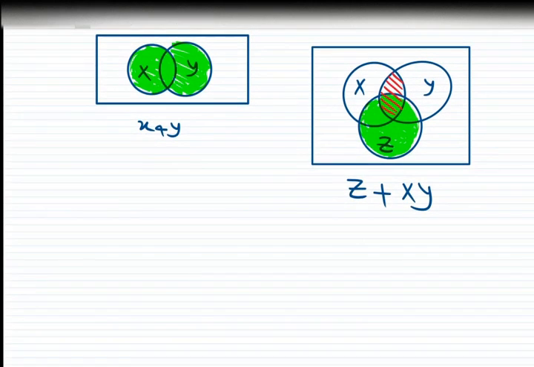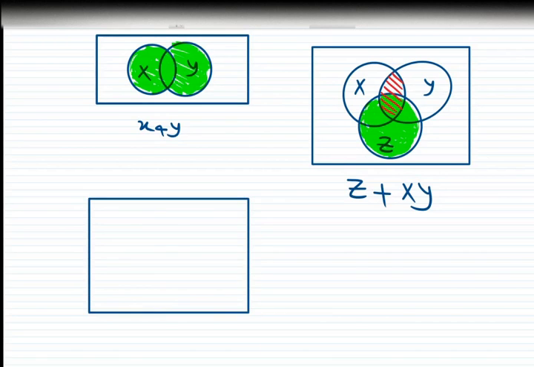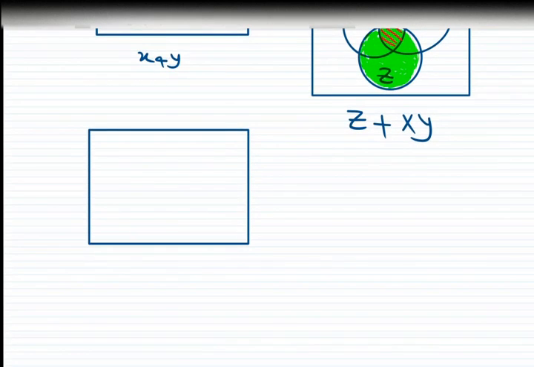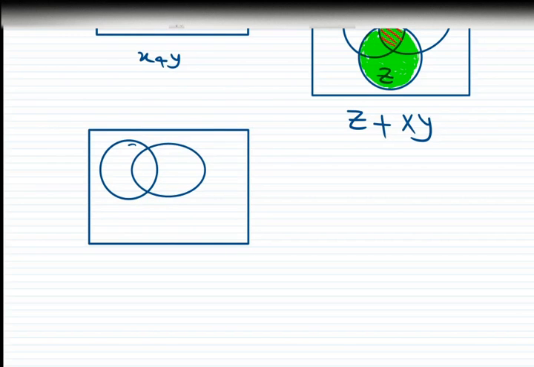The next example, again we have a space with three variables. Okay, now one of them is x, the other one is y, and the last one is z, and we want to find the function for this region.